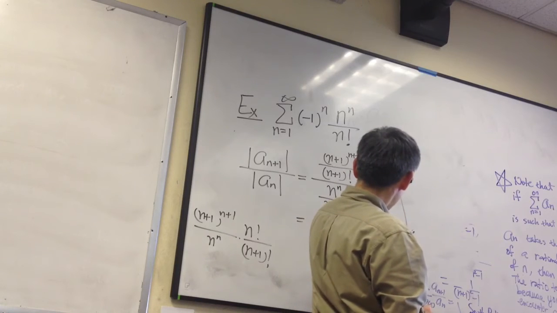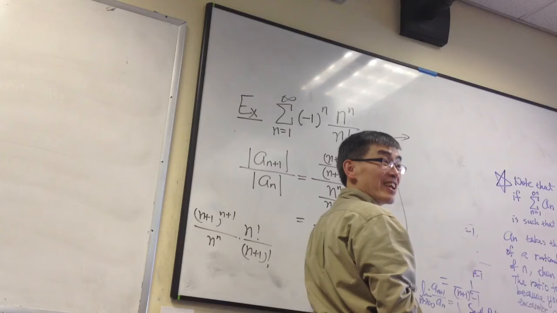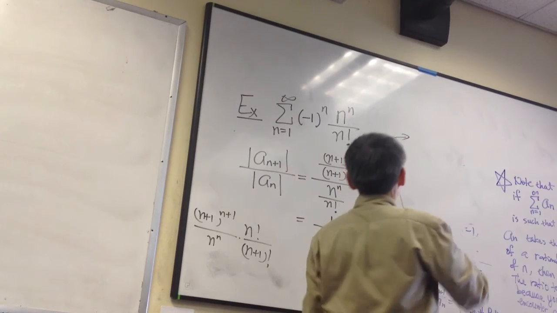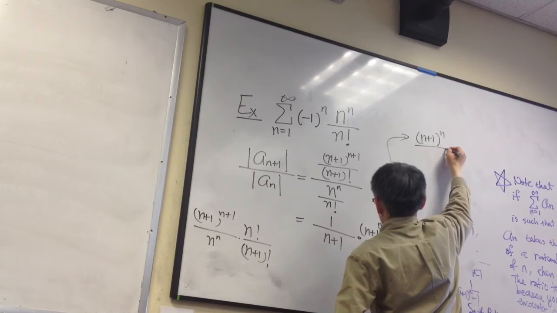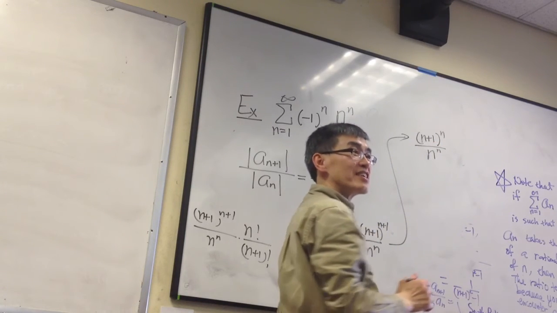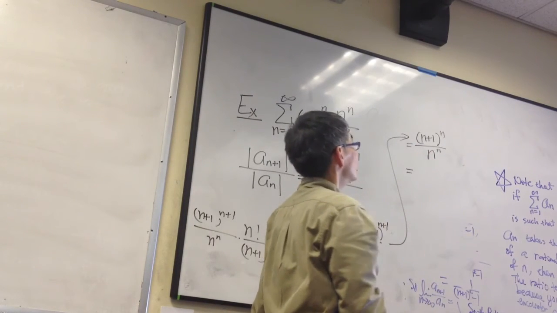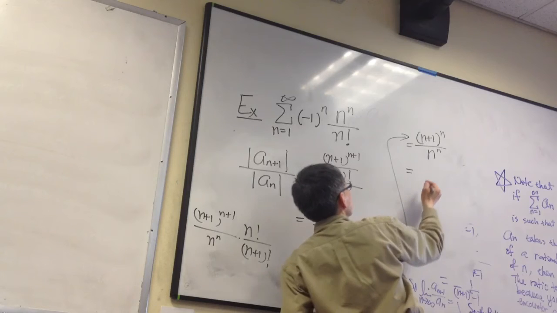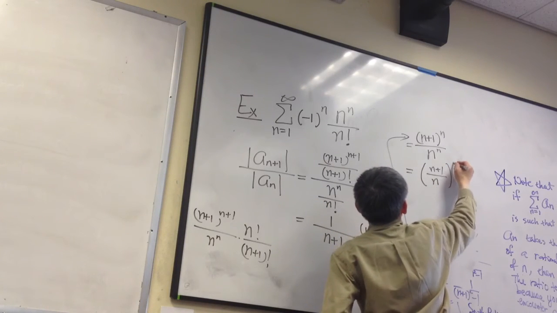Can I cancel out one factor of n plus 1 here? Right? Yeah? So that becomes what? n plus 1 to the nth power over what? n to the nth power? Is that right? So what is that equal to? Right?